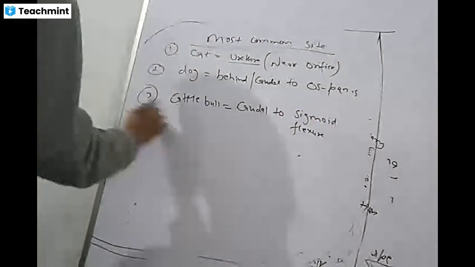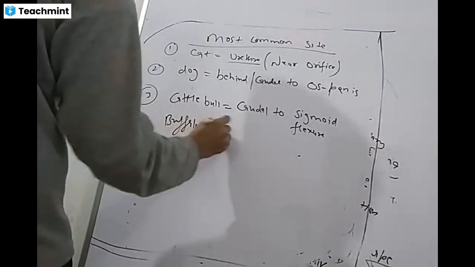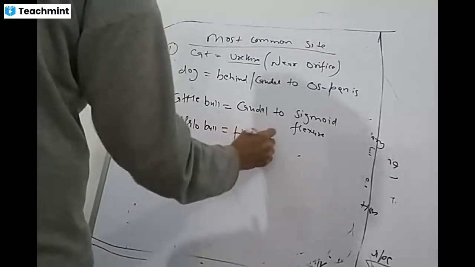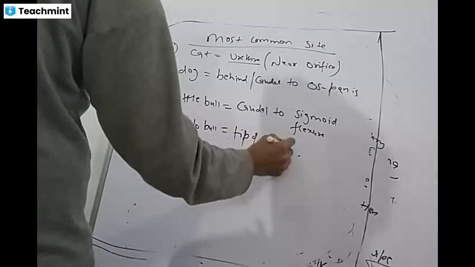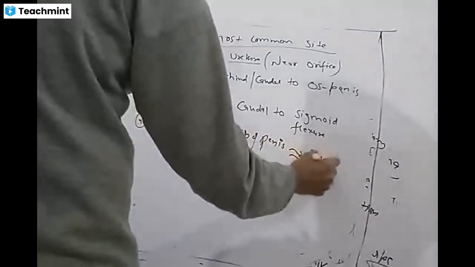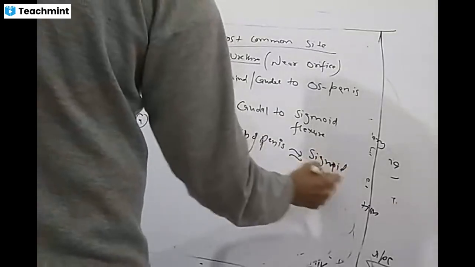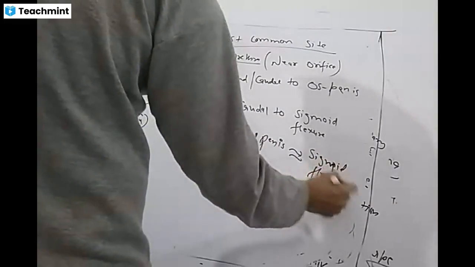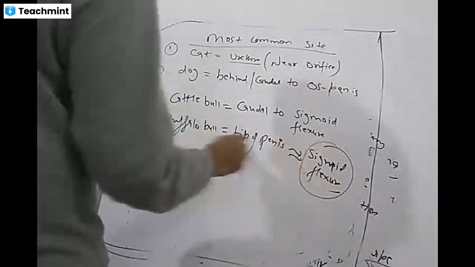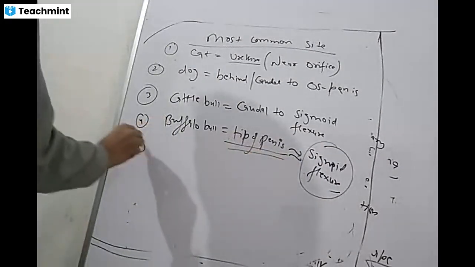In case of buffalo bull, it is the tip of the penis, which is equal to sigmoid flexure, meaning the probability of urolithiasis is equal in sigmoid flexure and tip of the penis in case of buffalo bull.